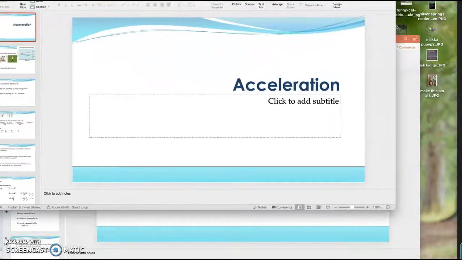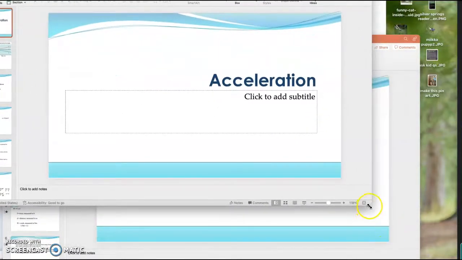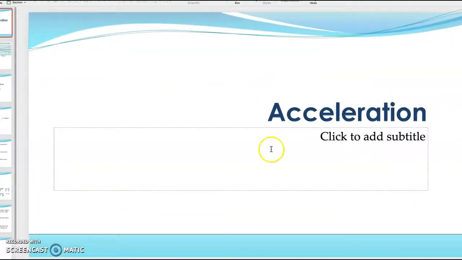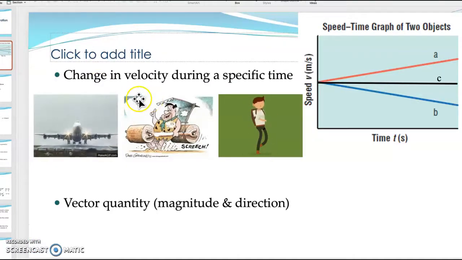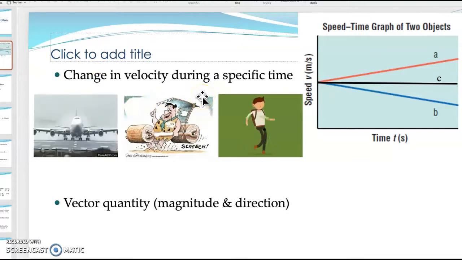This one is about acceleration. So what is acceleration? It's a change in velocity during a specific time. Vector means it has a size, called a magnitude, and direction. And the graphs matter as well.